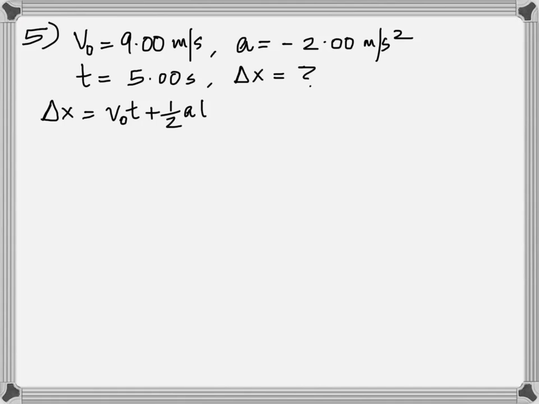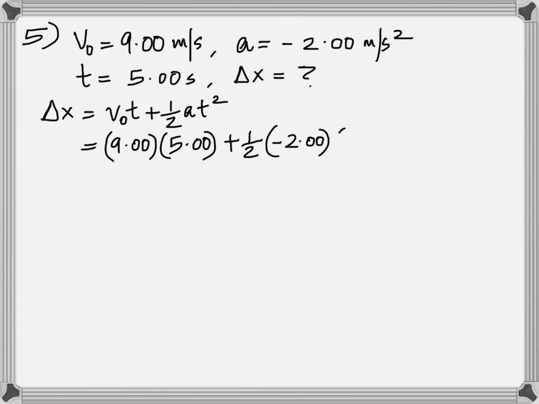And first you have to find how far she travels, so that's delta x. Now, this is the equation that you use. Plug in the numbers carefully. Remember that a is negative.